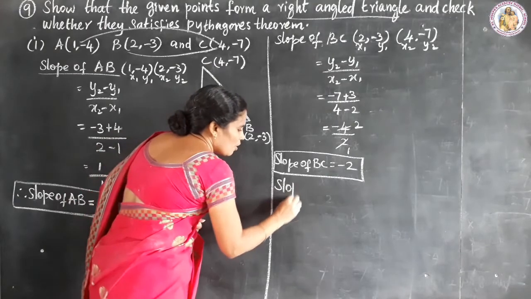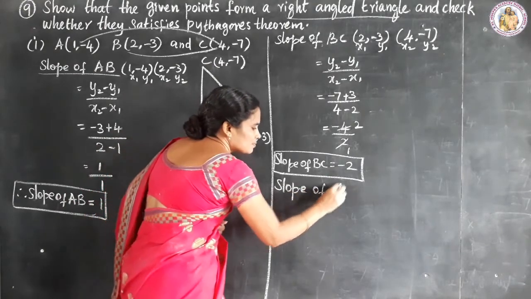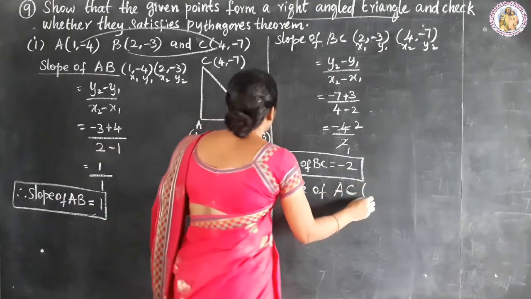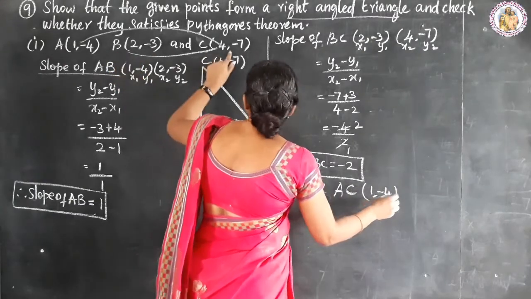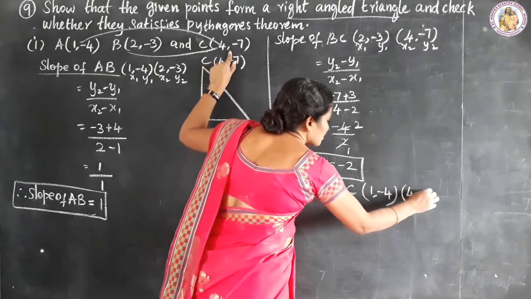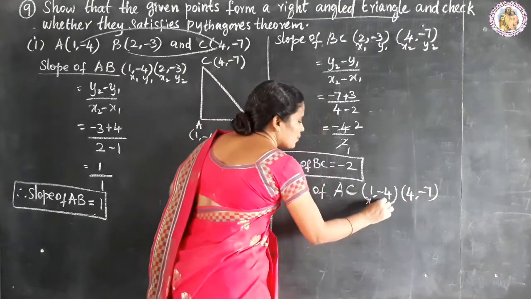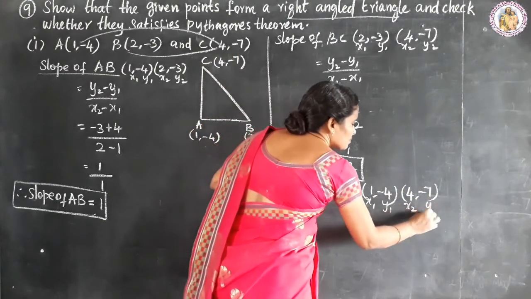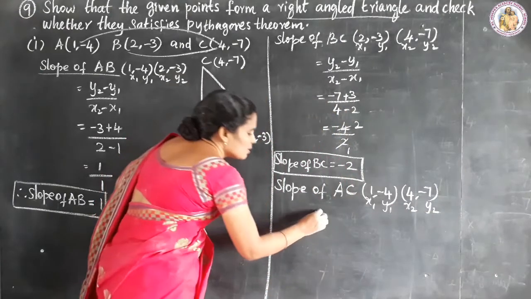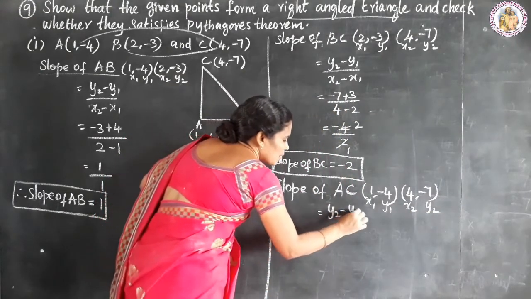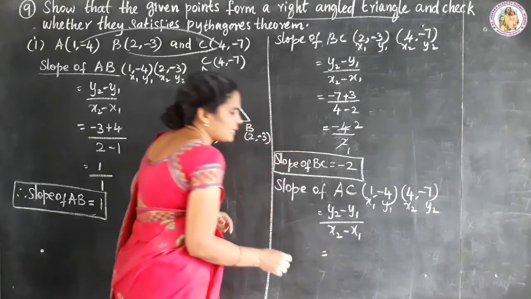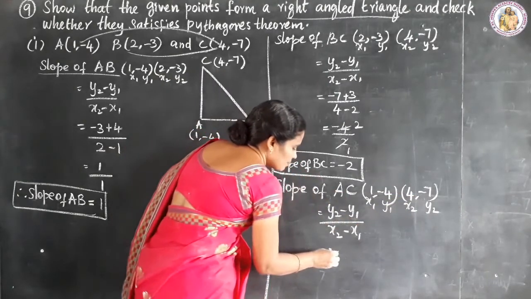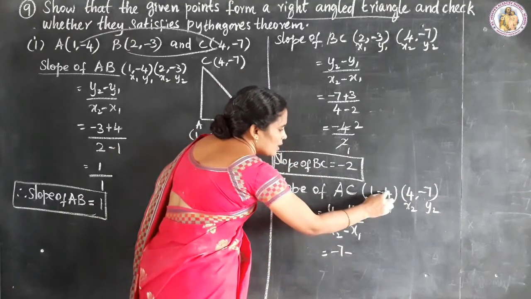So slope of AC. The points are A (1, -4) and C (4, -7). Okay, x1 y1 x2 y2. Now y2 minus y1 divided by x2 minus x1. So y2 is -7 and y1 is -4.